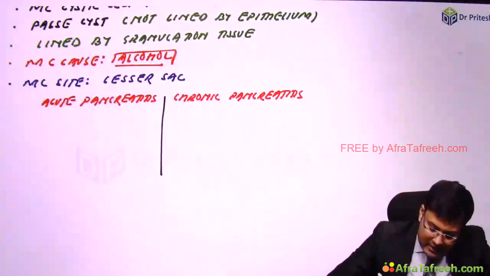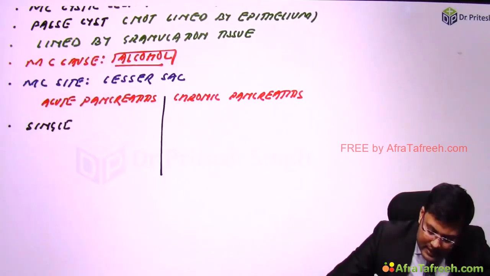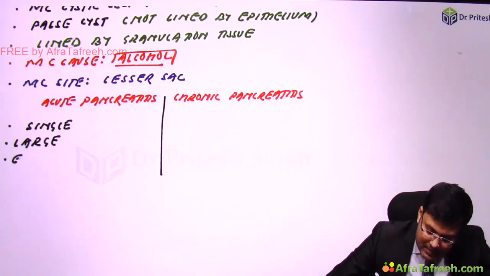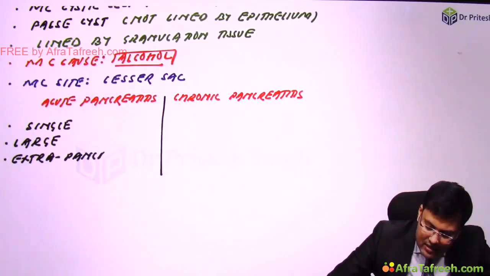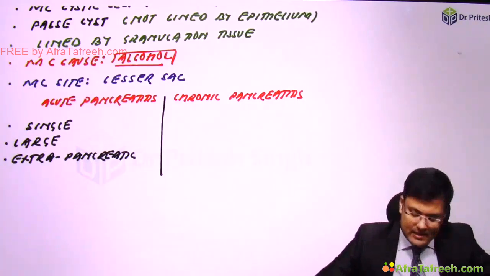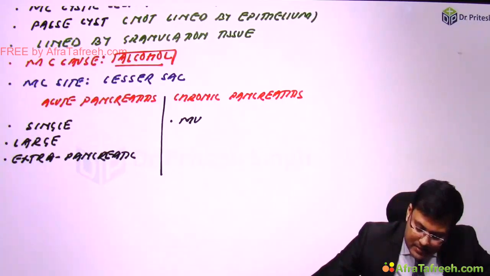Generally in acute pancreatitis, it's single, large and extra-pancreatic. And in chronic pancreatitis, it's generally multiple, small, and intrapancreatic.